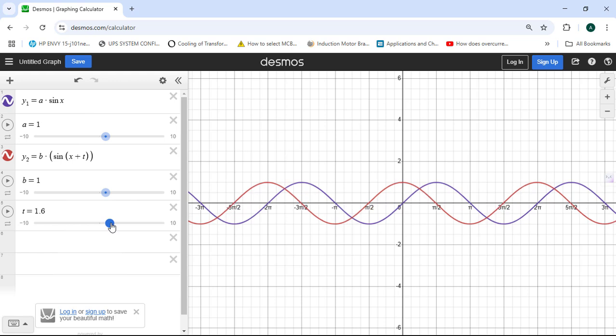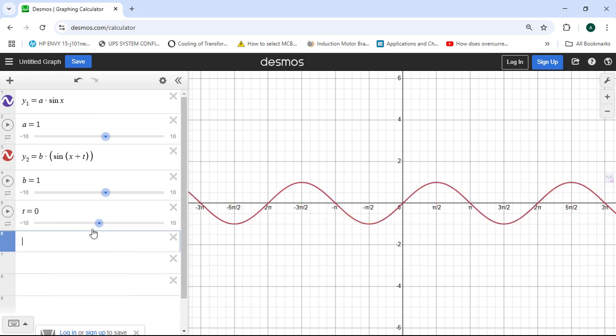Let's now put T as 0, which means that they are in phase. Now we will start calculating the power. The power here is the apparent power, the total power, and we will understand it exactly. Let's say that Y3, which is the apparent power, is equal to voltage times current, so Y1 times Y2.